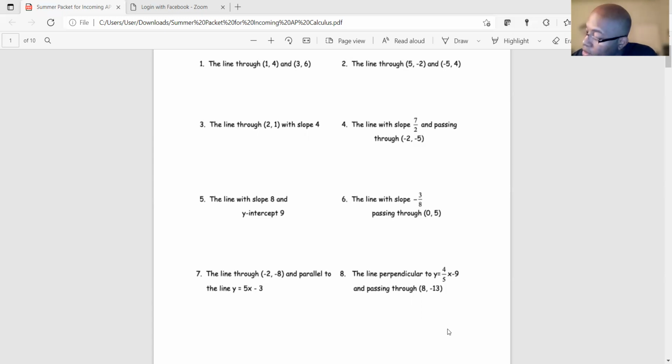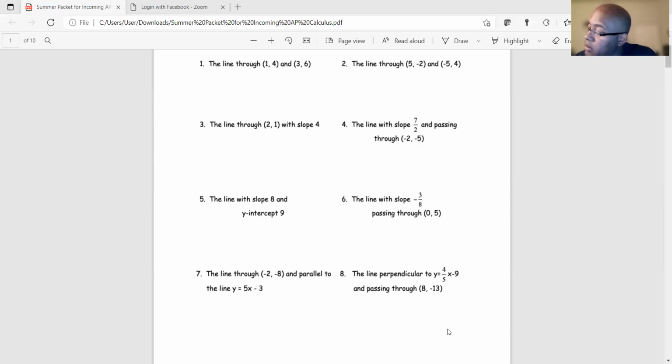So in our new equation, we're going to have y equals -5/4 x plus b. This is y equals mx plus b. Over here on this side, we're going to do y minus y1 equals m times x minus x1. We'll work point slope over here. But for right now, let's deal with slope-intercept form.